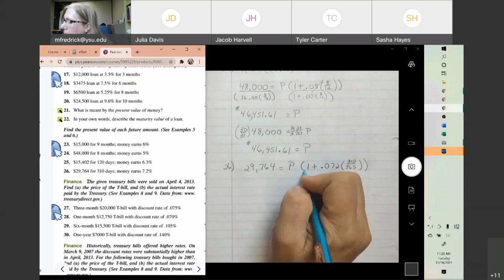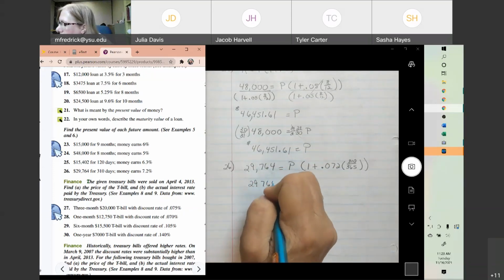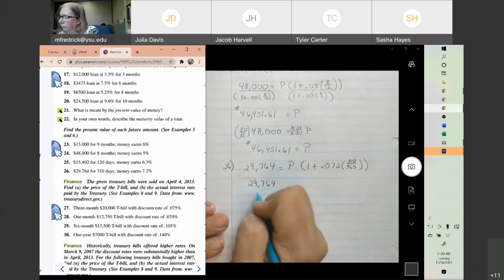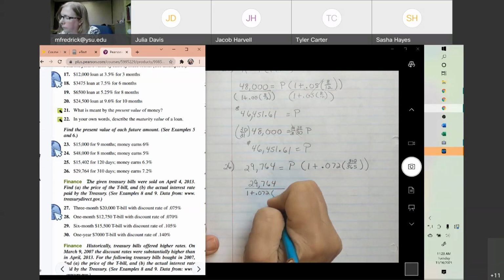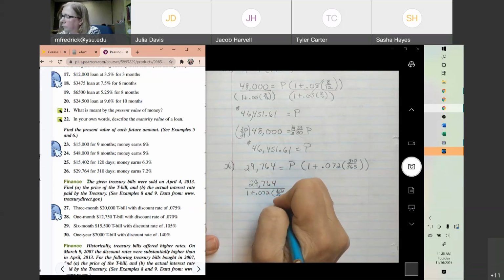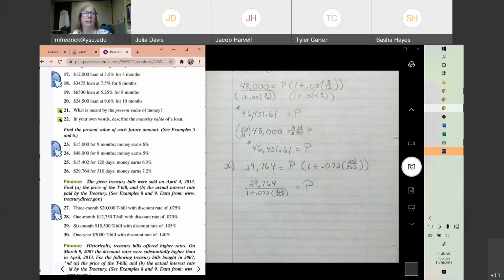We can divide this to the other side. And then plug it in your calculator.